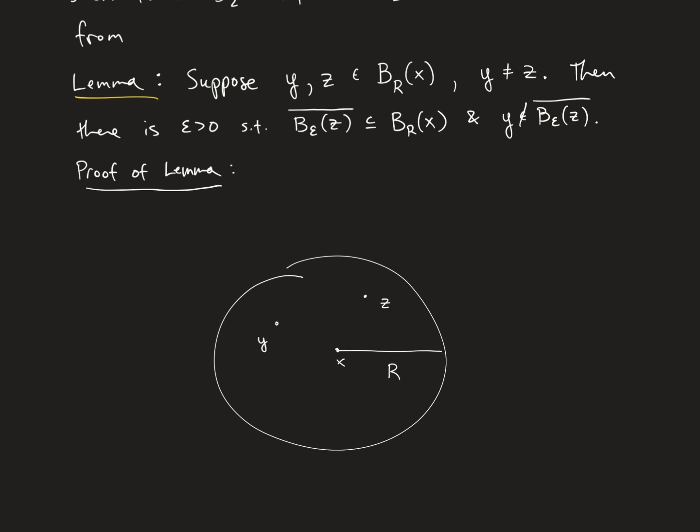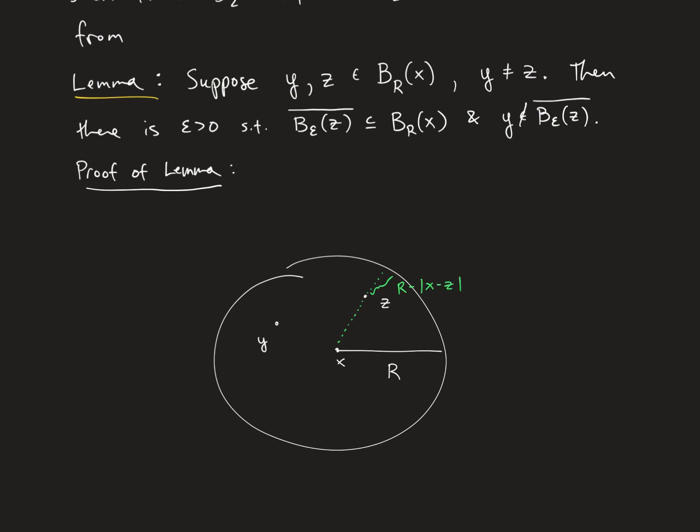So we want epsilon to be less than, let's say, half the distance between z and y. And so that should put y on the outside of that little ball. And also we just need epsilon to be smaller than this distance here. So this full distance along here is r, and the rest of it is x minus z. So we have x minus z here, the full thing is r, so that remainder there is going to be r minus the length of x minus z.